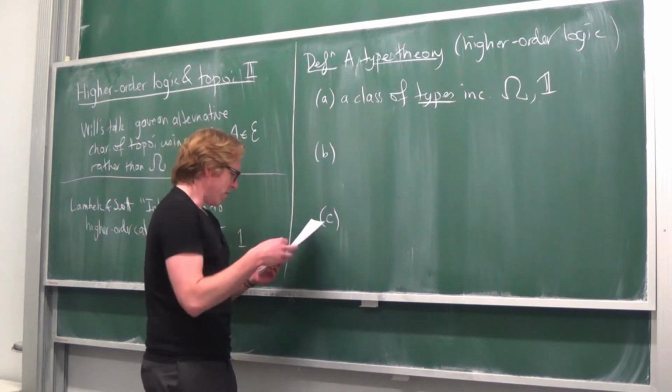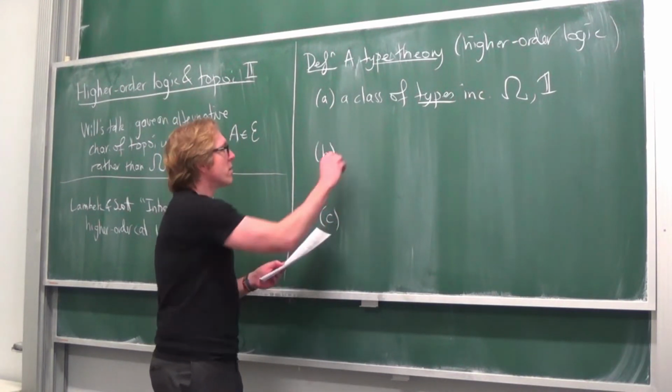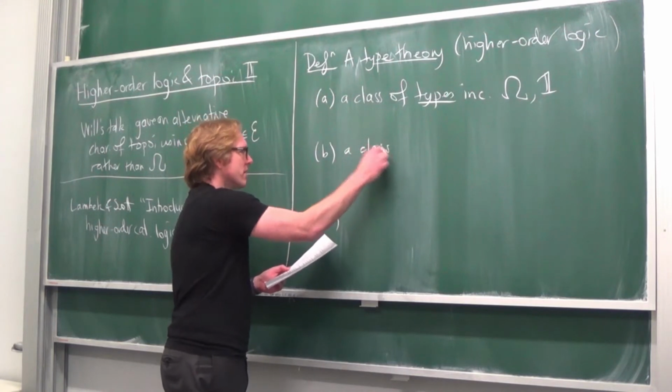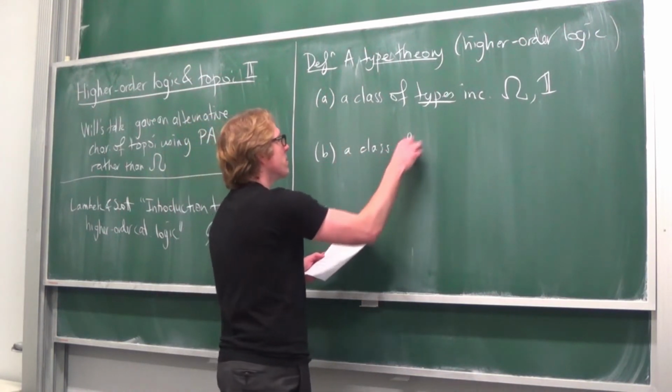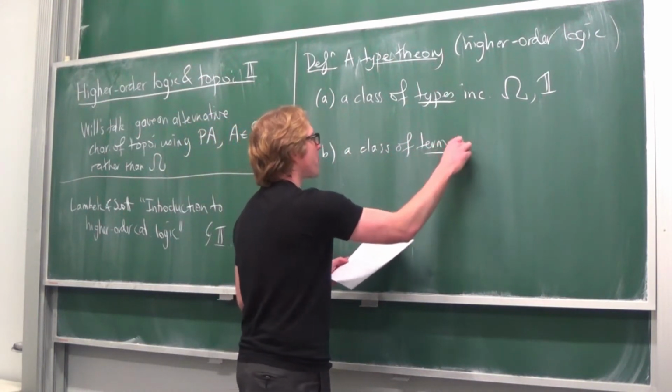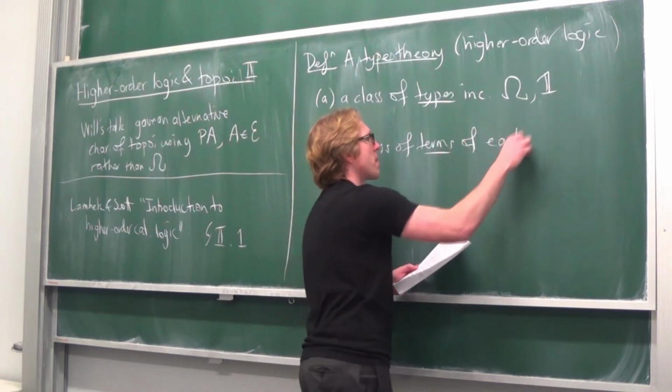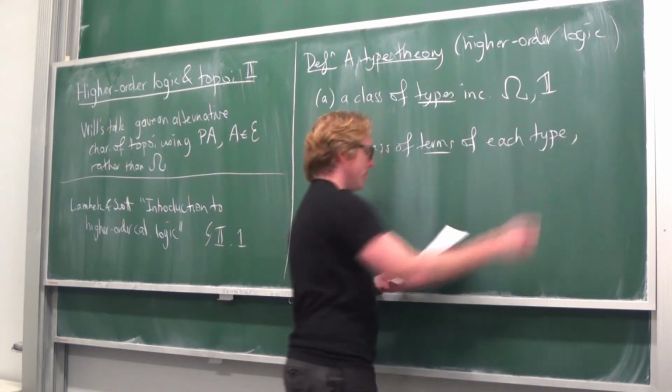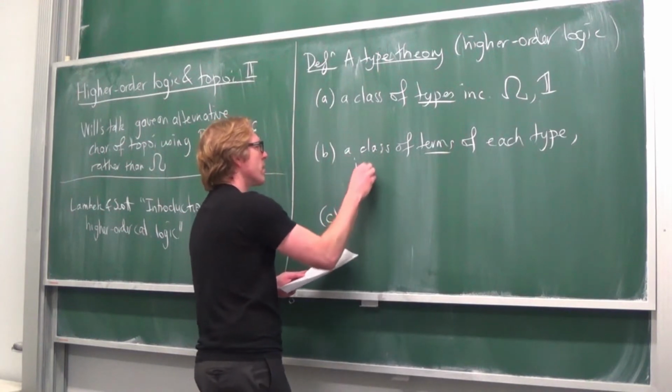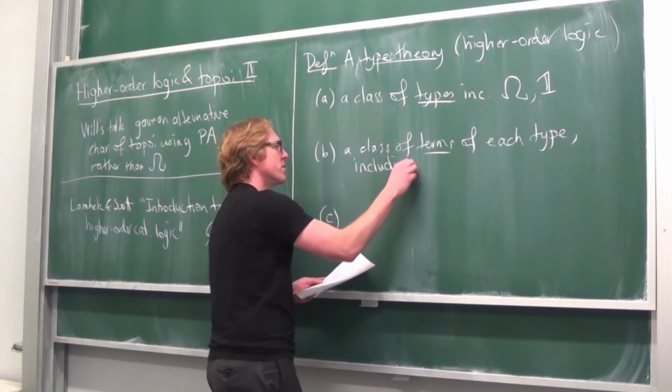Okay, so I'm going to say how we get this class of types, but for the moment that's one of the ingredients, and we also have a class of terms of each type, including countably many variables of each type.